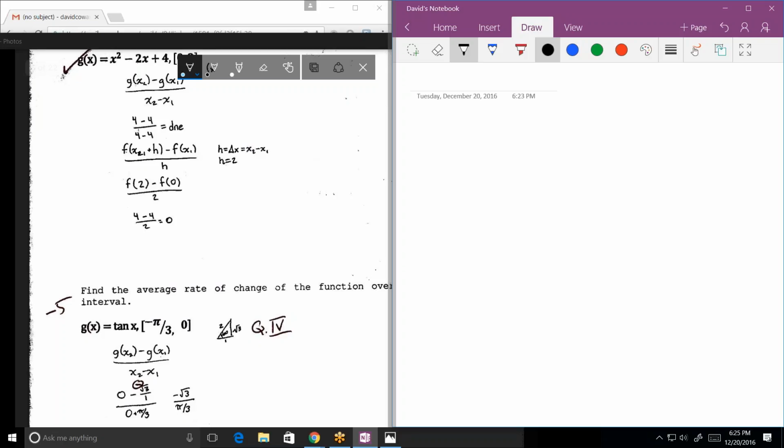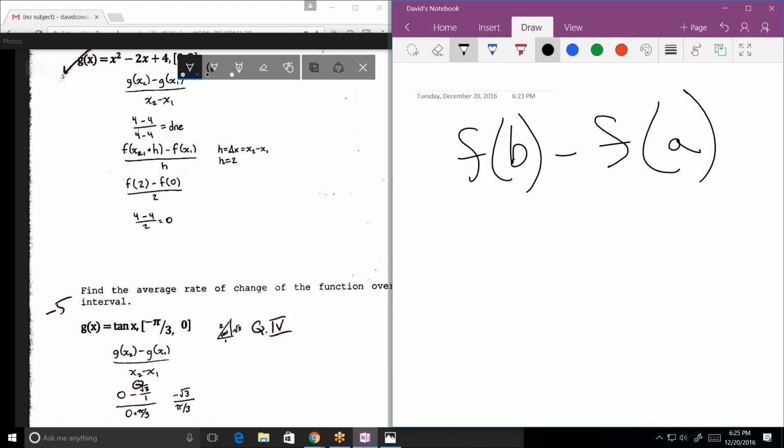Okay. Here's what average rate of change is. F of B minus F of A all over B minus A. That's average rate of change. Now, they've said g of x sub 2 minus g of x sub 1, same thing, all over x sub 2 minus x sub 1, right? Doesn't matter whether you call the 2 points A and B or x sub 2 and x sub 1.